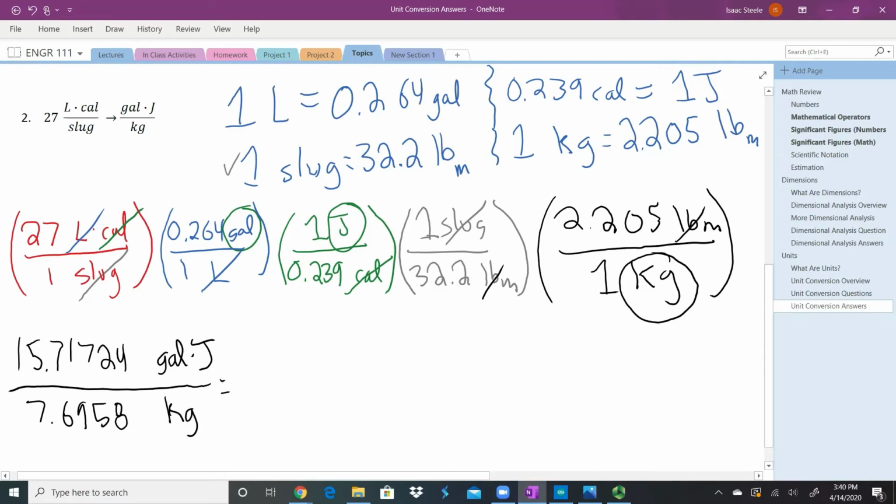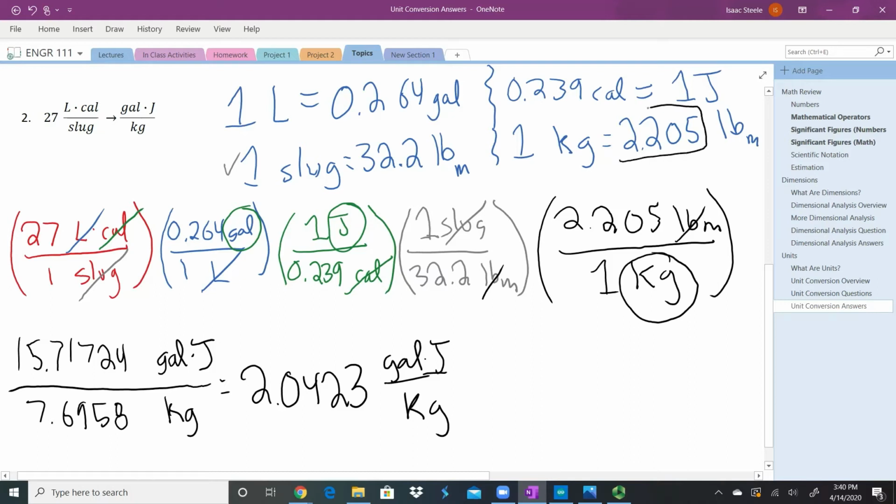If I simplify this, this equals 2.0423 gallon joule per kilogram. Let's use our significant figures.